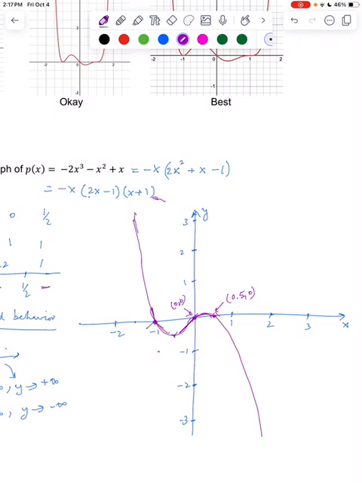This is the min point. This is the local max point, and this is a local min point. So that is how you draw the function.